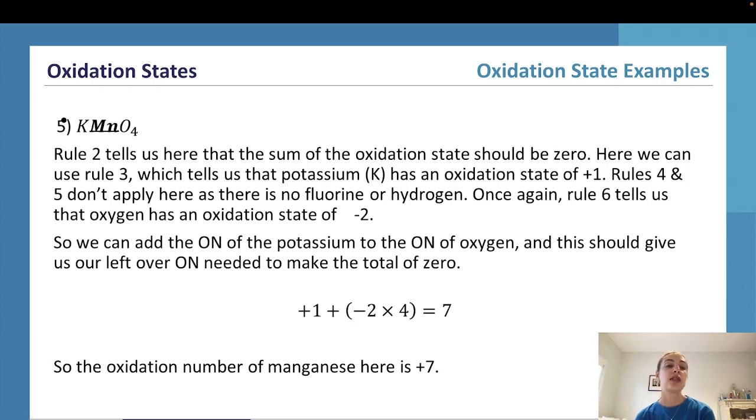And the oxidation state for each individual oxygen atom is -2. However, we have 4 of them, so all up they'll be -8. But when we're saying the oxidation state for the oxygen, we're saying that each one is separately and individually, so it's -2 for oxygen.